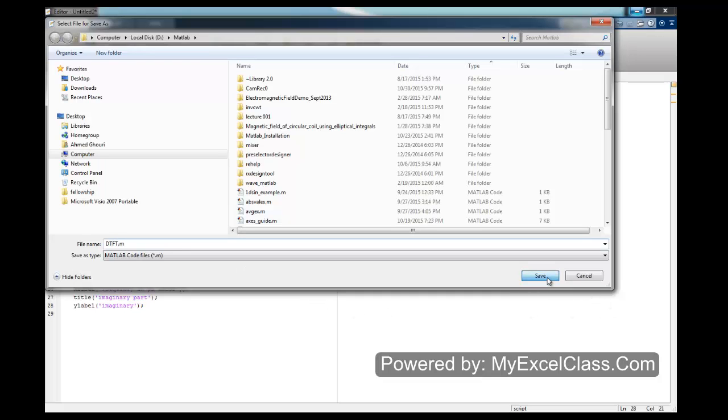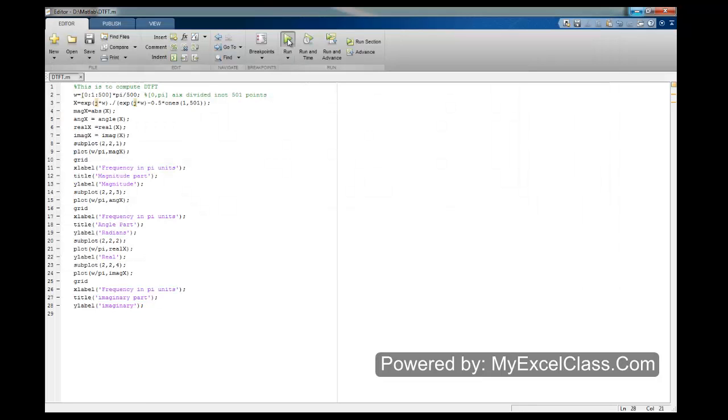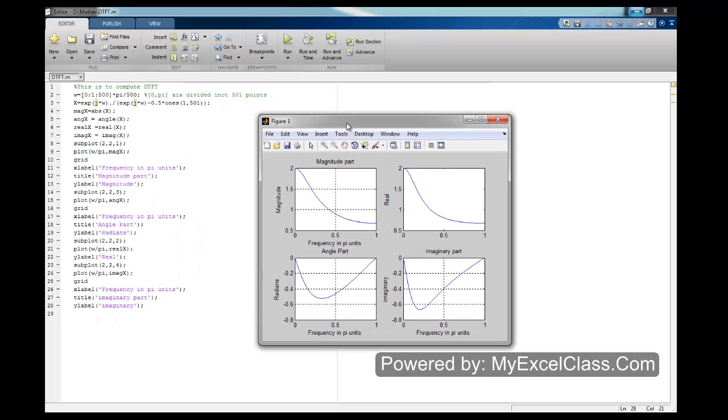Okay, so let's run it, and here you go, you got 4 plots: the imaginary part, frequency in pi radians, real part, magnitude, and real and imaginary part, and magnitude in radians of your signal. So you can change your signal to whatever signal you want.